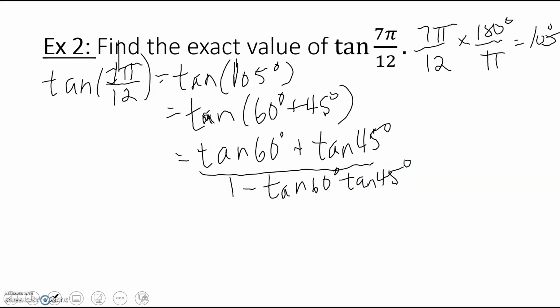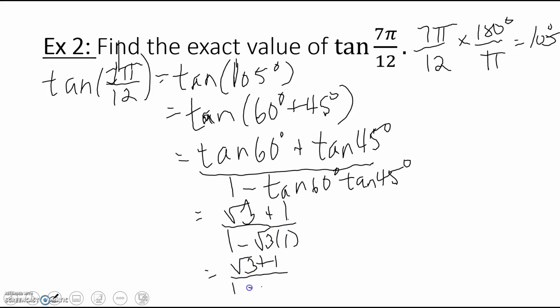All right, and so now all we need to do is to work that out. So tangent of 60 degrees is, if you remember, the square root of 3. Tangent of 45 degrees is 1. And that would be 1 minus square root of 3 times 1 in the bottom, which is equal to the square root of 3 plus 1, all over 1 minus square root of 3.